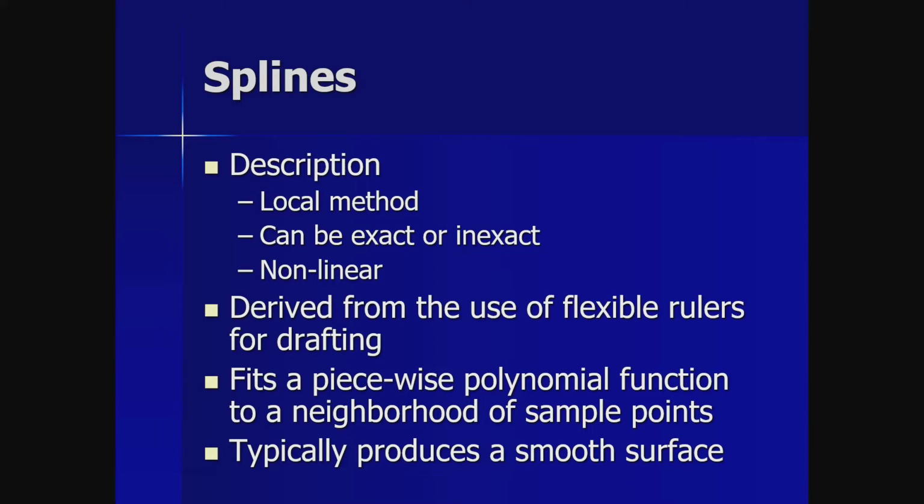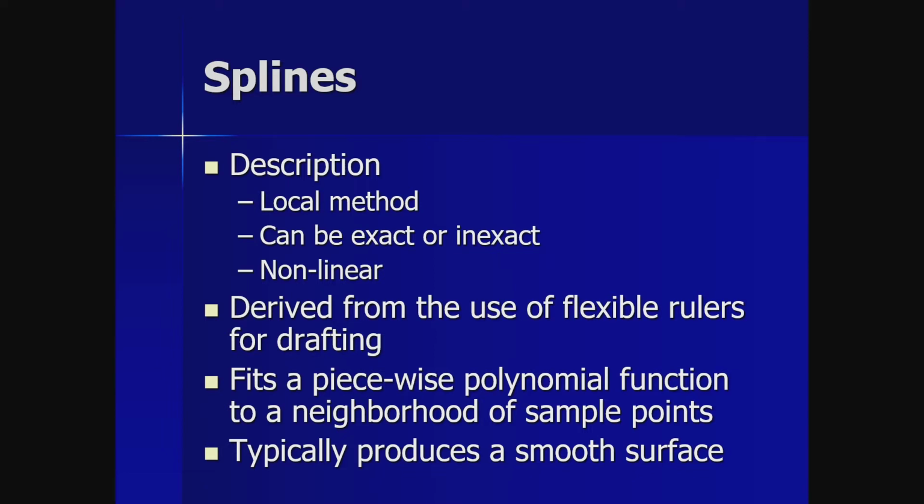In other words, that flexible ruler can be modeled as a little trend surface. And so it basically makes little trend surfaces all throughout your data on only a few points at a time. And you can specify that you want it to be exact or inexact. You want it to pass exactly through the points, or you want it to pass more as a local trend surface.